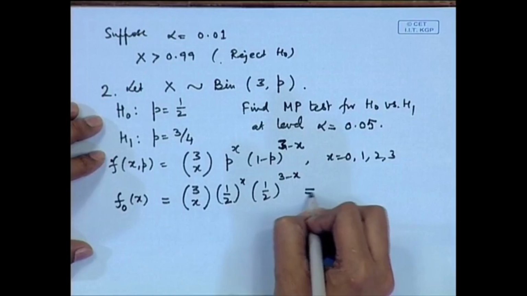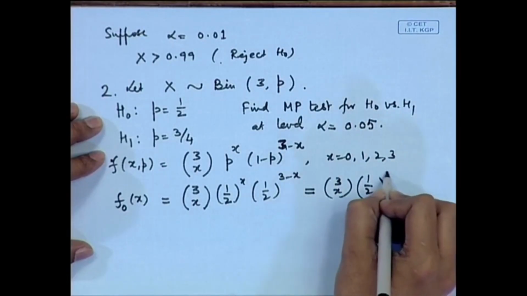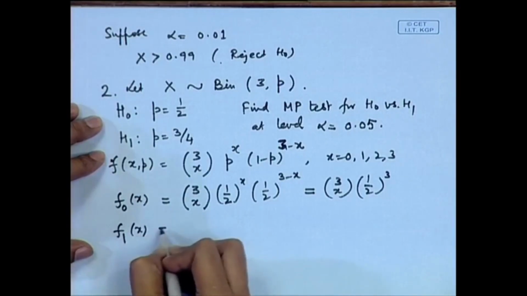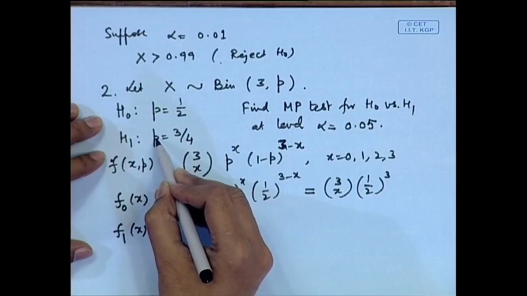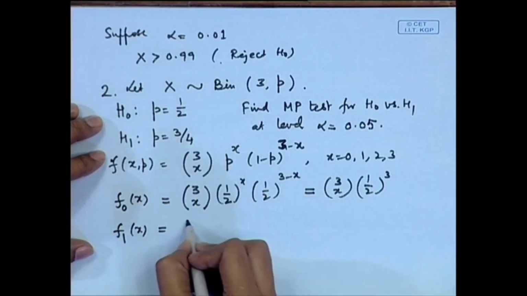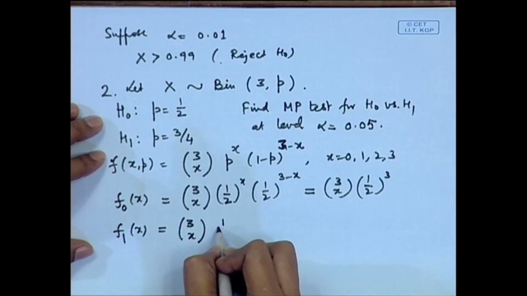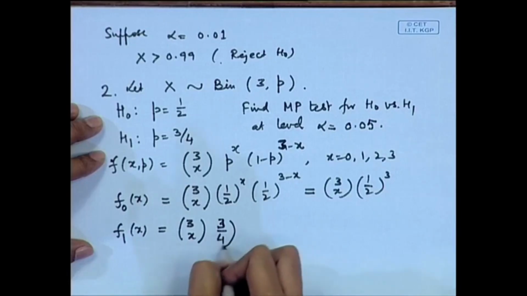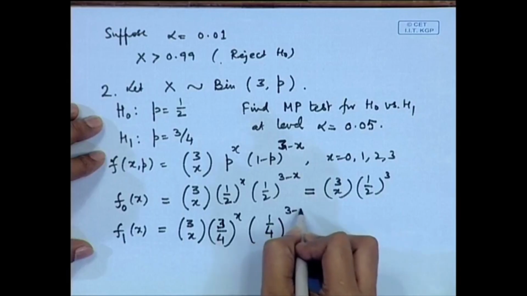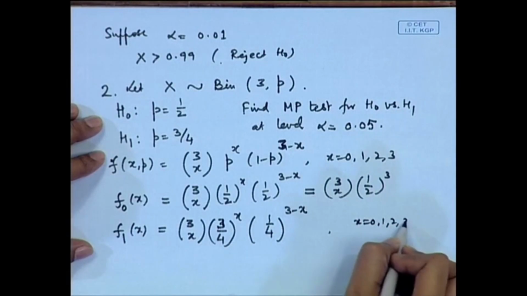So, naturally this is simply equal to 3 c x half cube, whereas f 1 x is the density when the alternative hypothesis is true, that is p is equal to 3 by 4. So, the value is 3 c x, 3 by 4 to the power x, 1 by 4 to the power 3 minus x, for x equal to 0, 1, 2, 3.